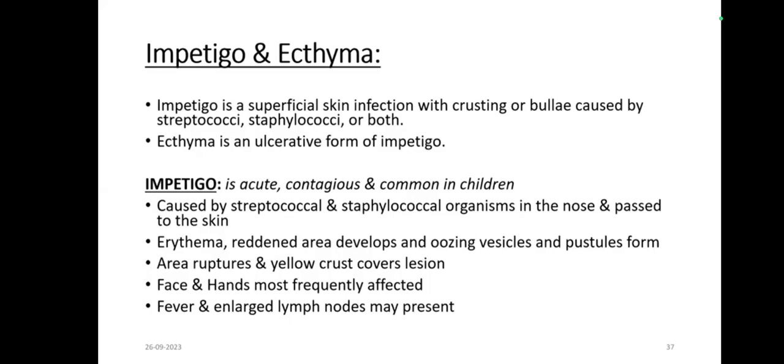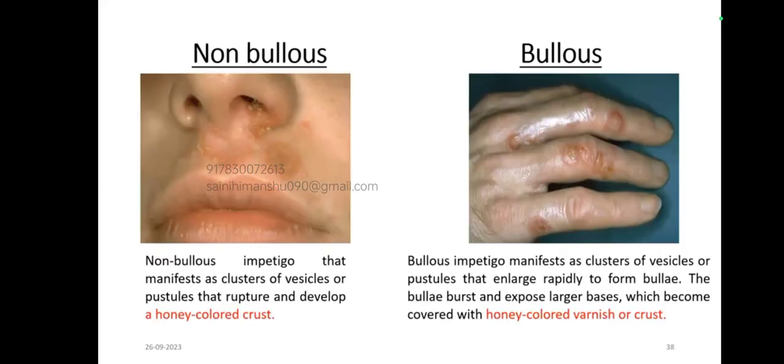They can be differentiated, but impetigo is a bacterial strepto or staphylo infection. Non-bullous impetigo can be seen in clusters of vesicles or pustules, and honey-colored crust is the characteristic diagnostic feature of impetigo.